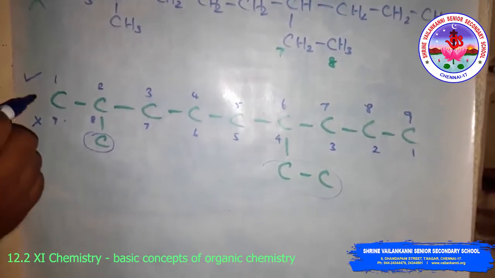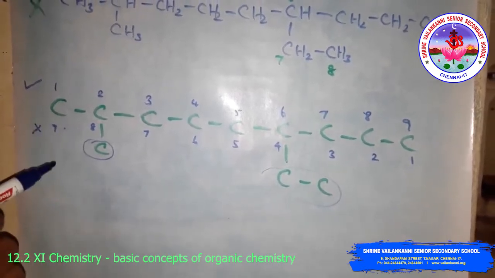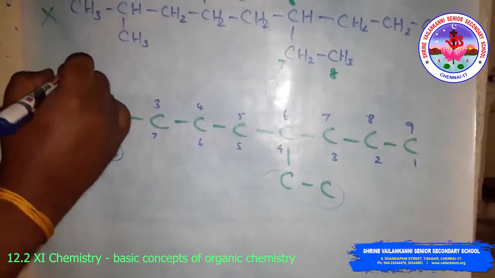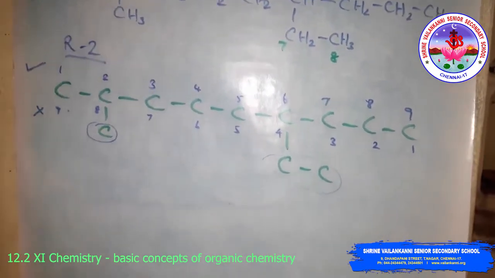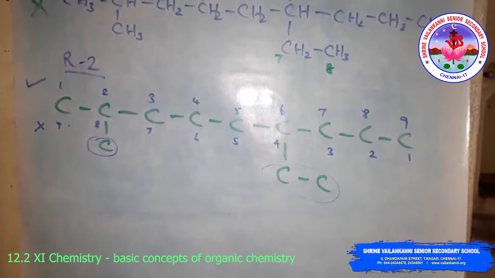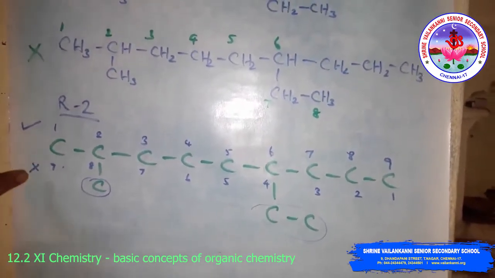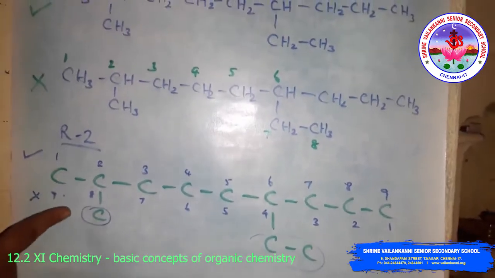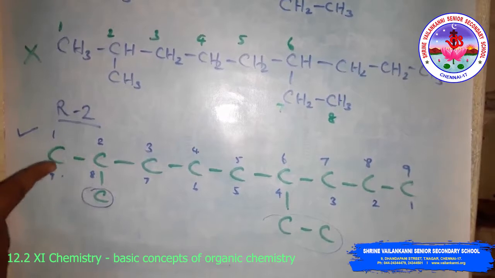So you have to choose the lowest sum rule. This is rule number 2. Rule number 1 is to choose the longest carbon chain. Second is the lowest sum rule. That is, you have to give the numbering in such a way, the lowest sum rule.